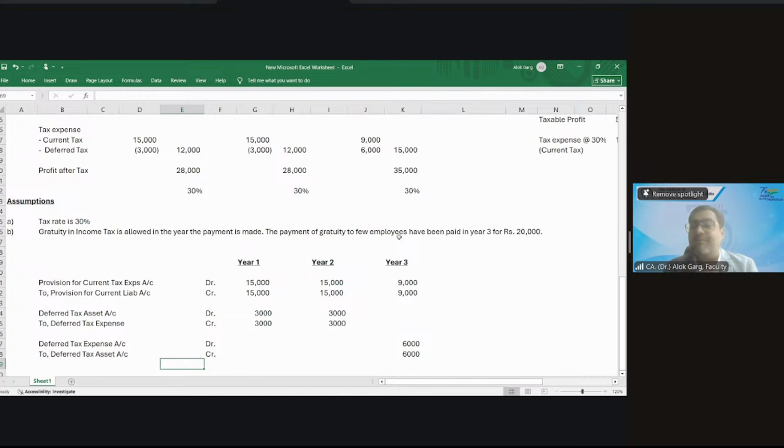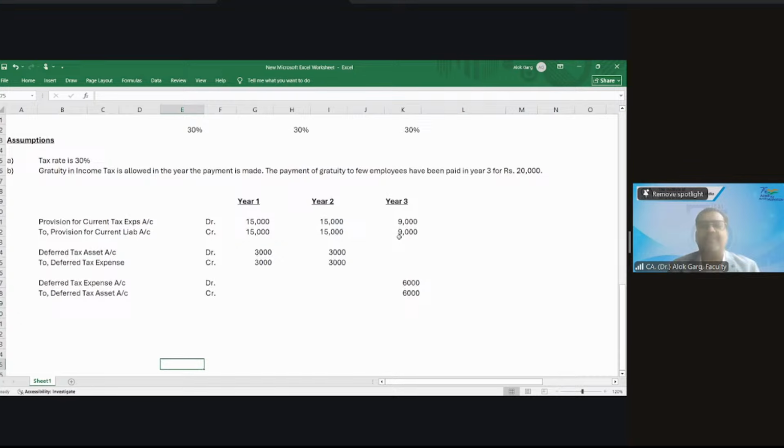Will the previous year TDS be adjusted against the next year tax liability? No. So your netting off has to be year-wise. Okay, right? Clear? Very much clear. Okay.